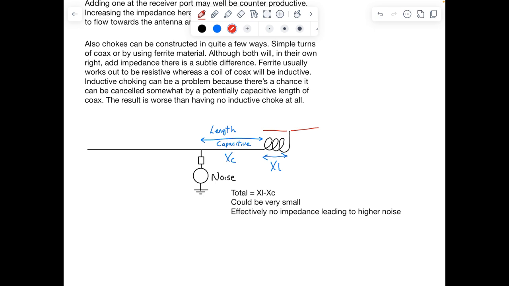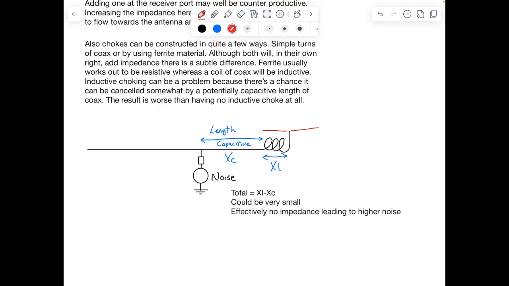So what do I mean by that? Well, you can see a little picture below where we have an antenna and we've created a choke by wrapping a few turns of the coax together, which is a common method. But that produces an inductive choke, which on its own will add impedance or reactance, add ohms in effect.